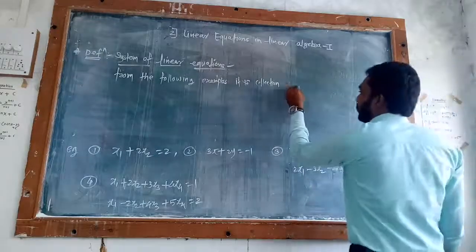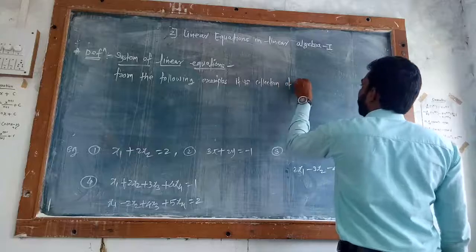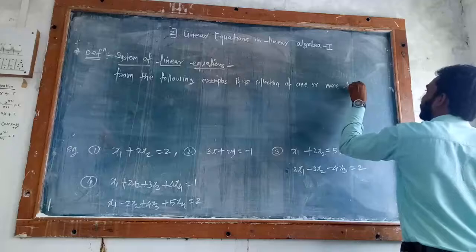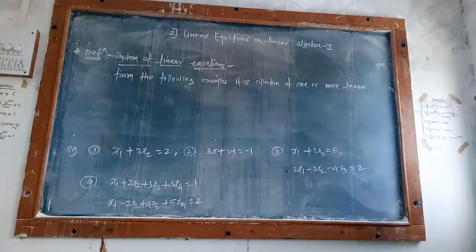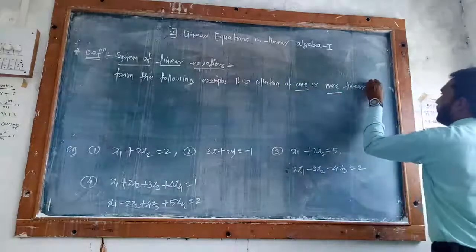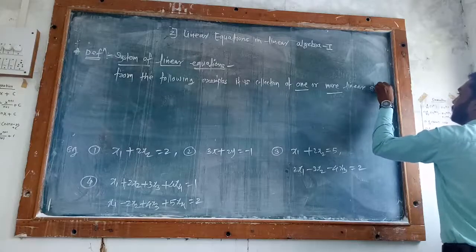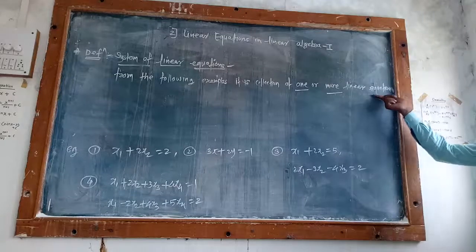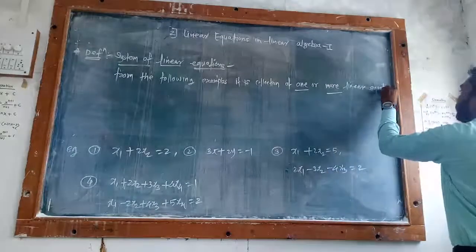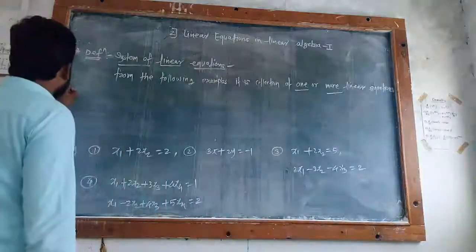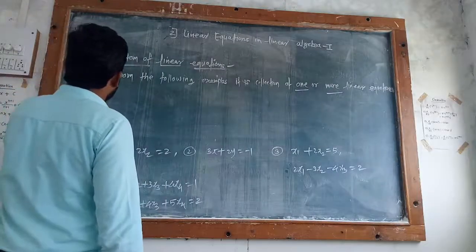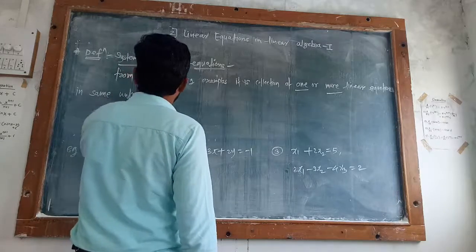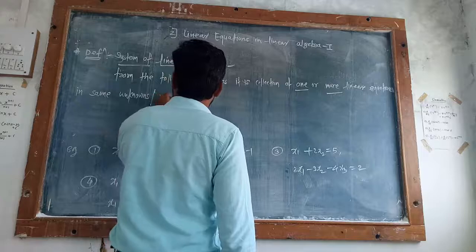It is a collection of one or more linear equations in the same unknowns, or the same variables. Same unknowns, another name for which is variables.